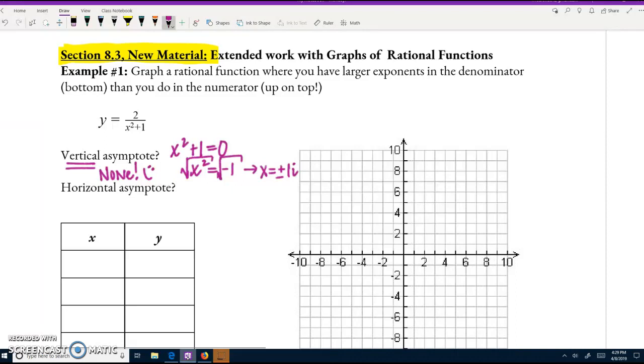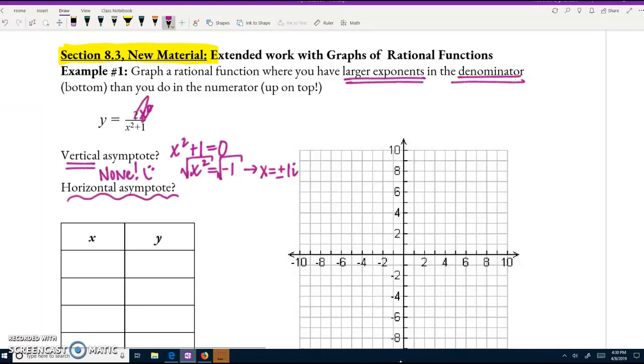Then when it comes to my horizontal asymptote, what I really need to think about is how the exponents in the numerator, the top part of the fraction, compare to the exponents in the denominator, the bottom part of the fraction. Notice this 2 is really the same thing as saying 2x to the 0 power, because that's really the same thing as 1. So my exponents up top are smaller than down below, so larger exponents in the denominator than in the numerator.